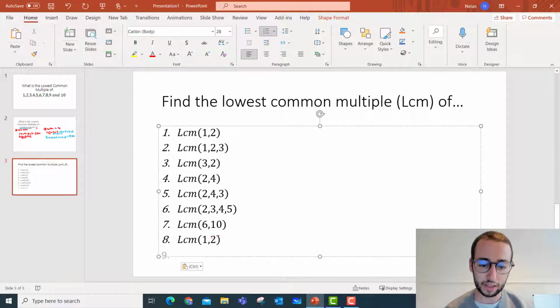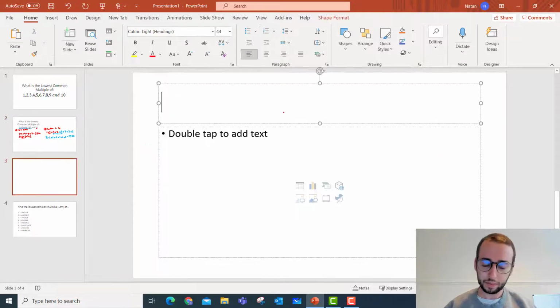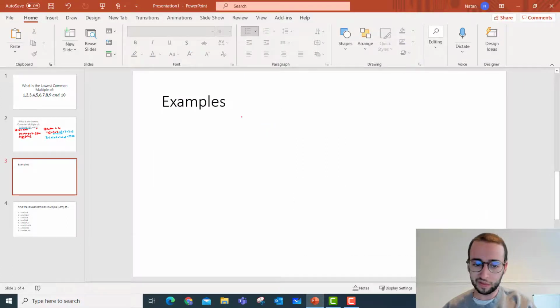Okay, that's nice. How about we do 4, 6, and 10? Now it has to be a multiple of 4 as well, so it can't be 30. In fact, what we want in between here is some examples. We want the teacher to be able to go through some examples.